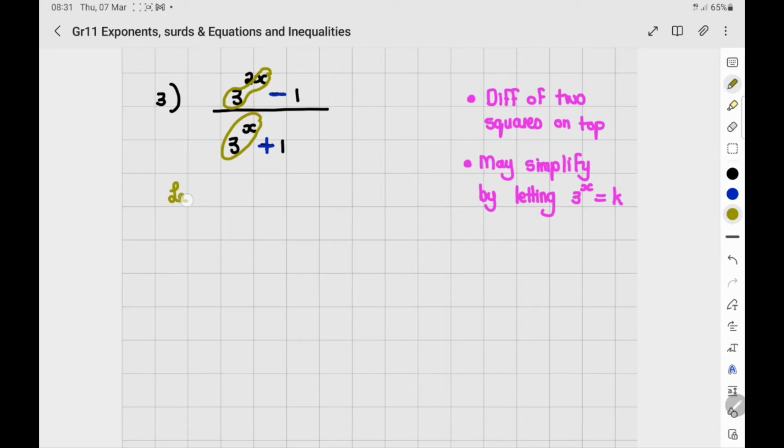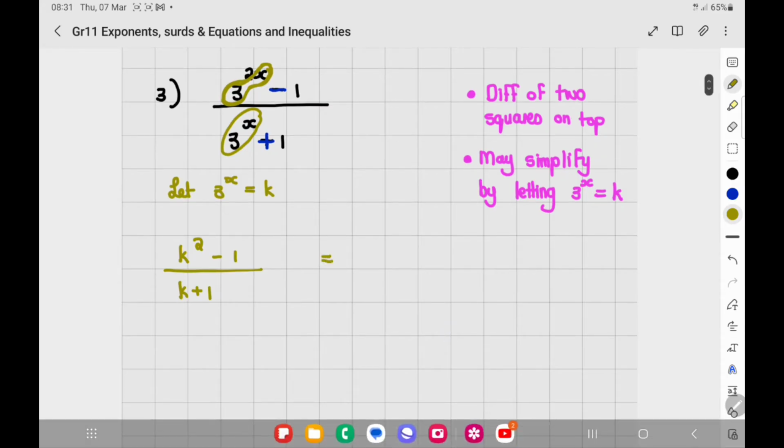So I'm going to let 3 to the power x equal to k. Now, if I make 3 to the power x into k over here, can you see that there's a little 2 left? So it's going to be k squared minus 1 over k plus 1. Now that is much simpler to see.